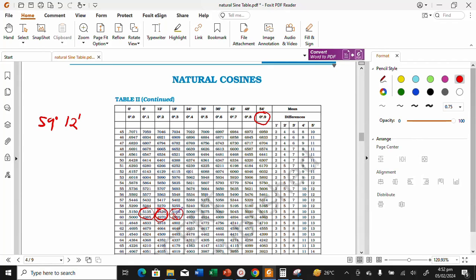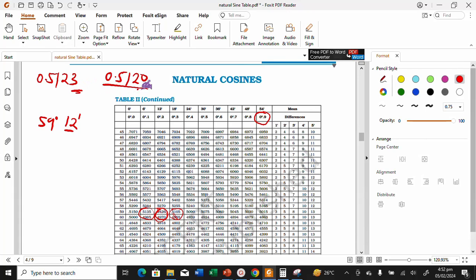Now we are going to consider the mean difference. What is the mean difference to make it 0.5123? It's just only 3 that we need to add, because we already have 0.5120 at 12 minutes. So at 1 minute is 3.